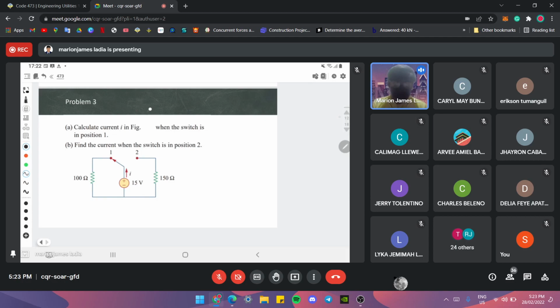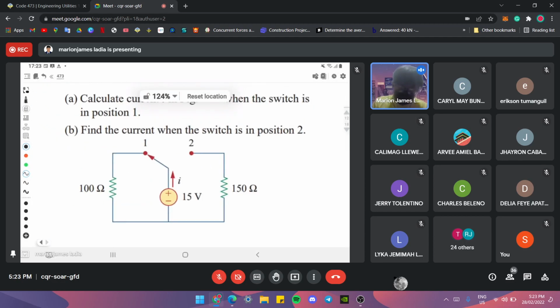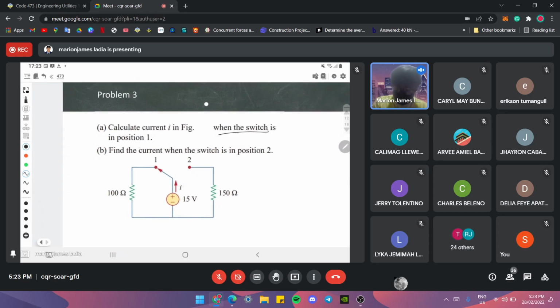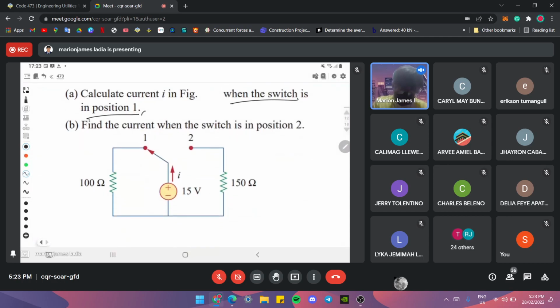Those circles are called independent voltage sources. So how do we solve this? We apply the concept of short circuit and open circuit here. At position 1, which the problem asks us to calculate first, our switch is at position 1. This means it is closed, so current will now pass through here.